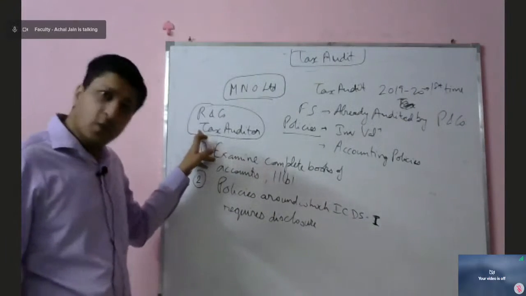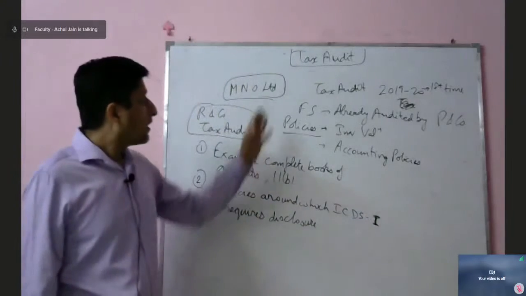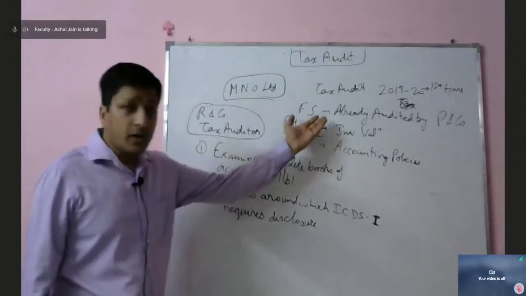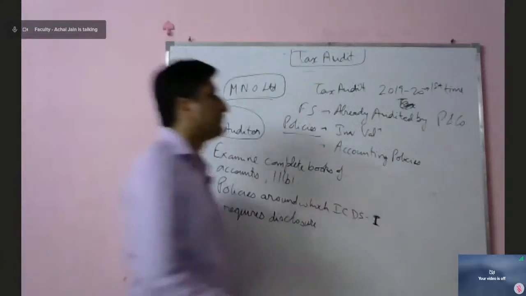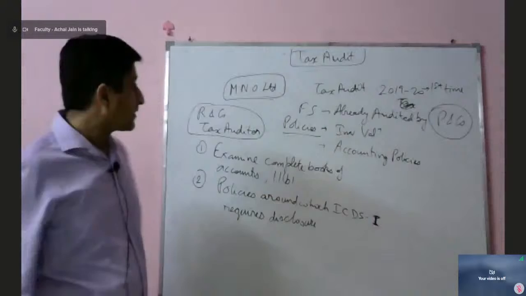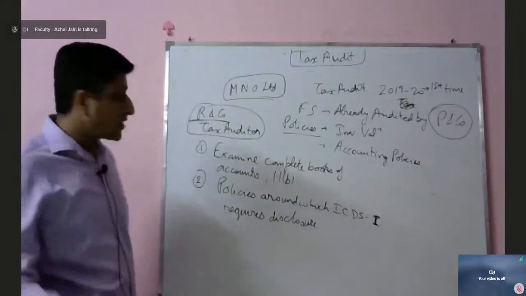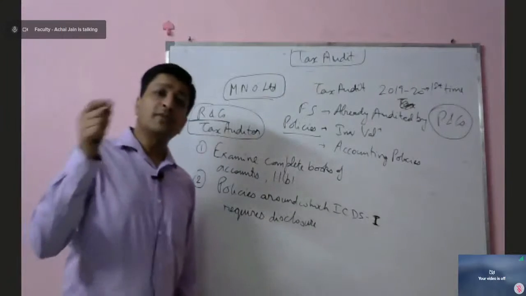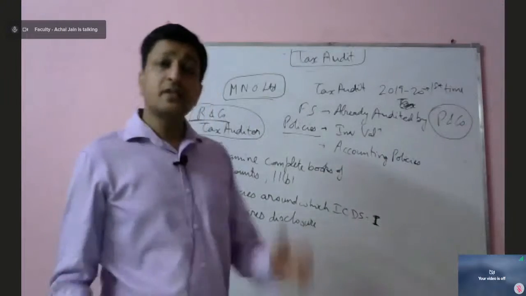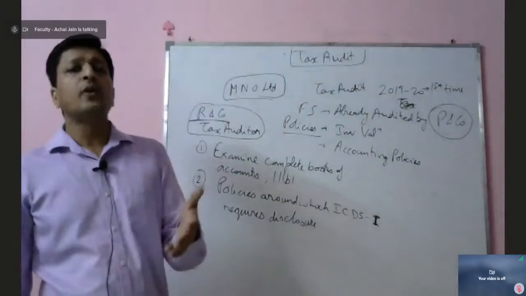Now in this case, this matter is stuck because MNO believes that they are already audited by P&D company. They are already audited by P&D company, but R&D company is looking at the situation wherein they will be required to give their opinion, and that opinion is not about true and fair view, that is about true and correct view, which is an extended form of true and fair view.